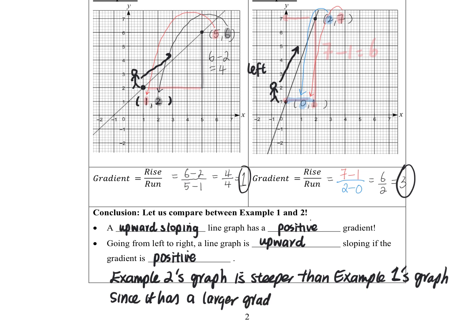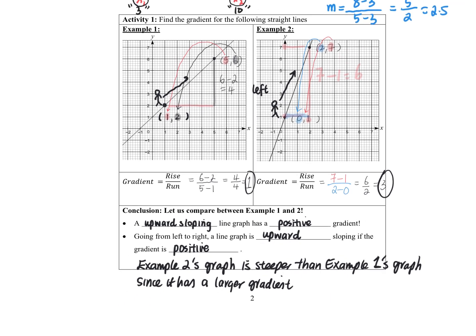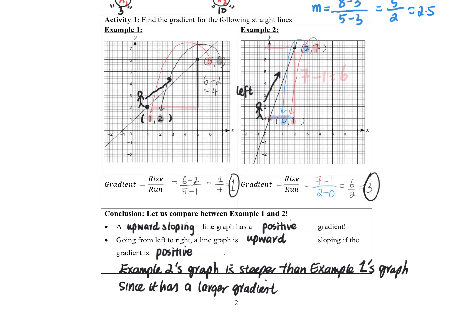Or you can phrase it in a different way: example 1's graph is less steep than example 2's, since it has a smaller gradient. Also can. So one thing to take note of is if it is upward sloping, going up, then it will have a positive gradient when we calculate it.